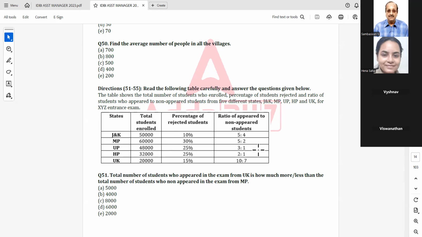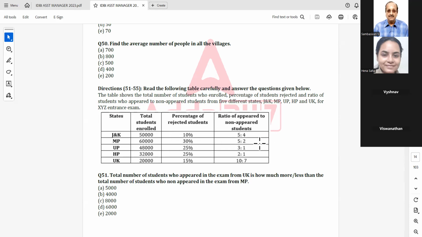Vaishnav, here, MP, sir. 30% people rejected. So that means those who joined are 42,000. 70% of 60,000 is 42,000. And among that, appeared to non-appeared is 30,000 is to 12,000.